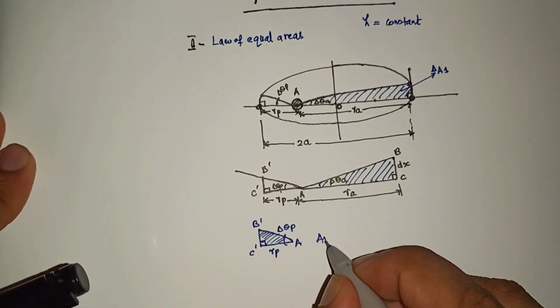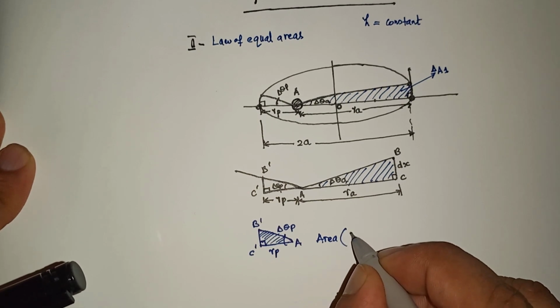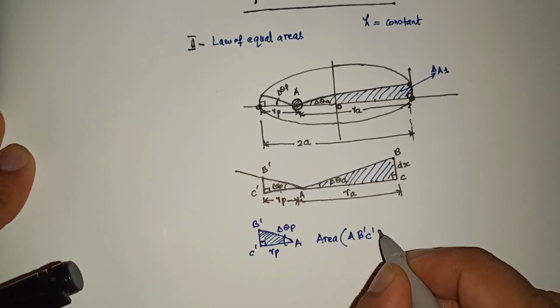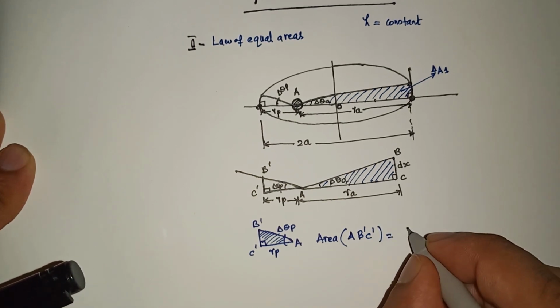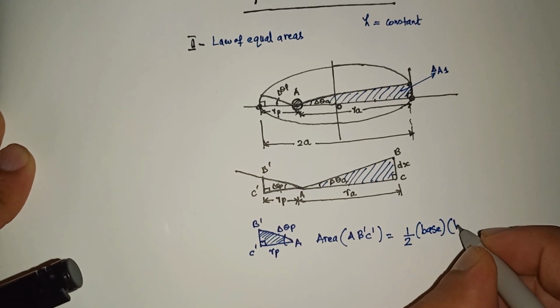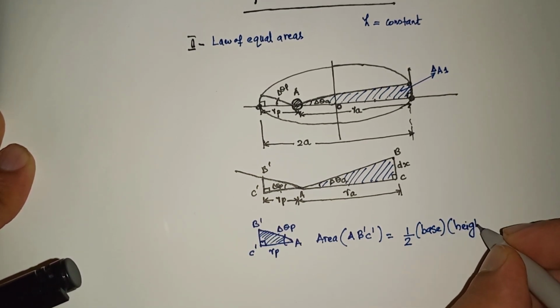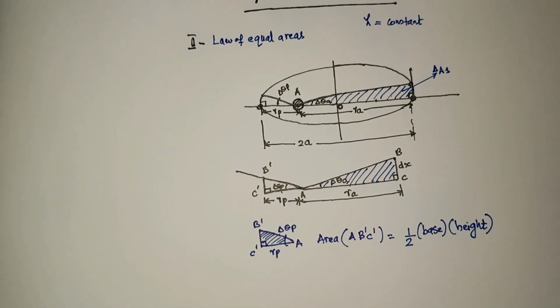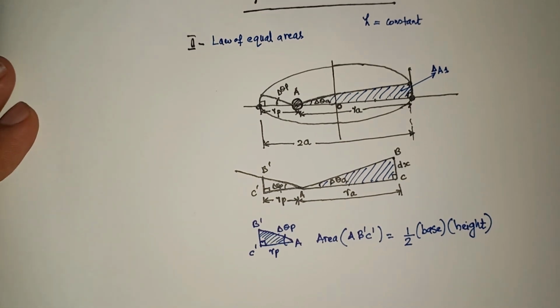So area of the triangle A, B dash, C dash is going to be the basic formula which you have to learn, half into base into height, which you have already learned in your primary schools, especially at the matric level. So half into base into height.